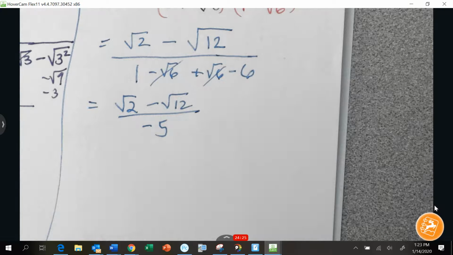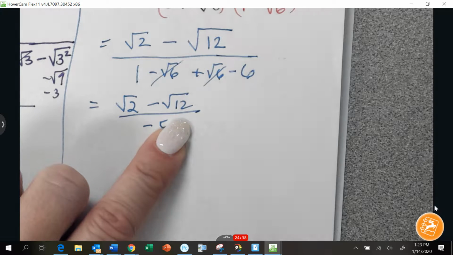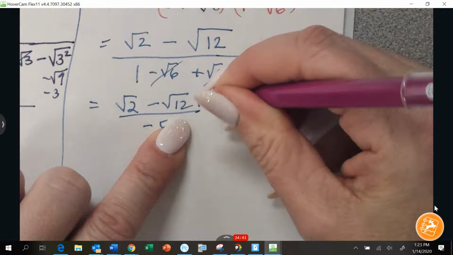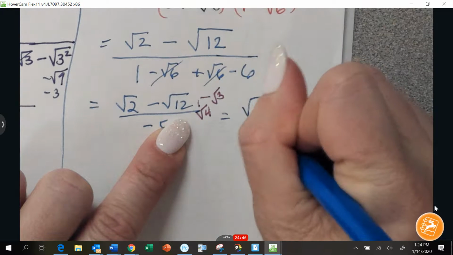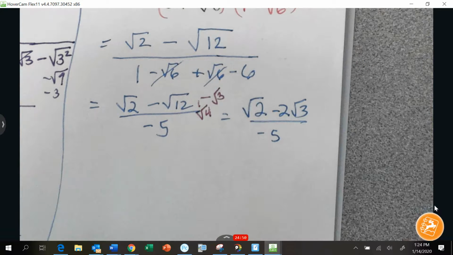Are all the radicals here simplified? Square root of 2 is simplified. So square root of 12, we've got to break down. That's like square root of 4 times square root of 3. We have the square root of 2 minus 2 square root 3 over negative 5.